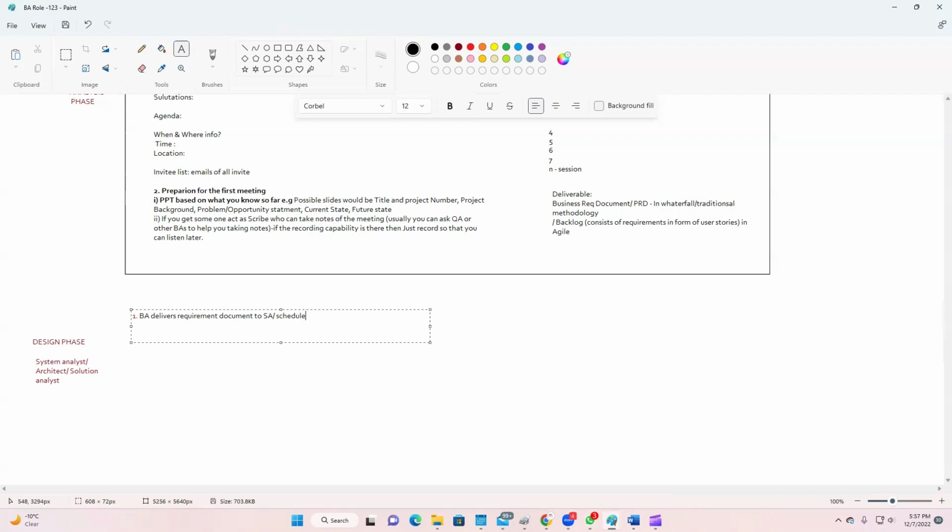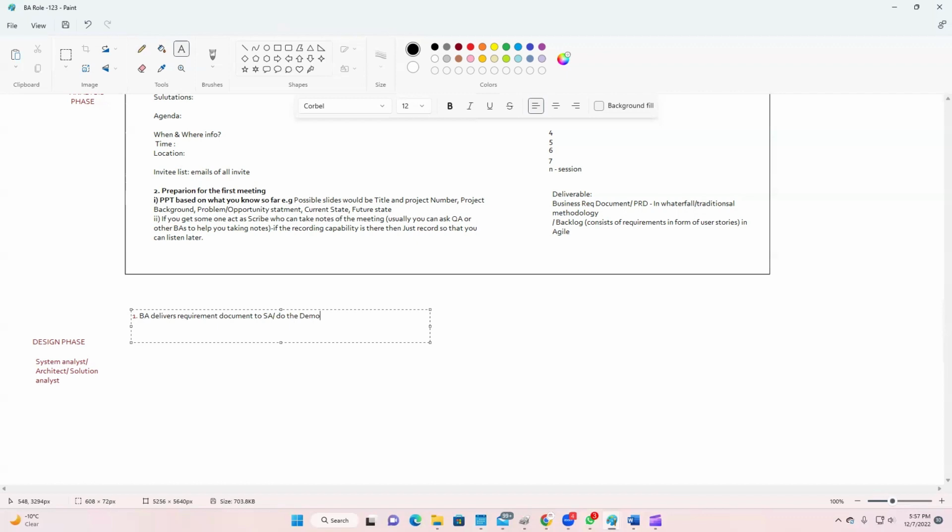The first thing is that the BA delivers the requirement document to the system analyst, and they need to understand the requirements.